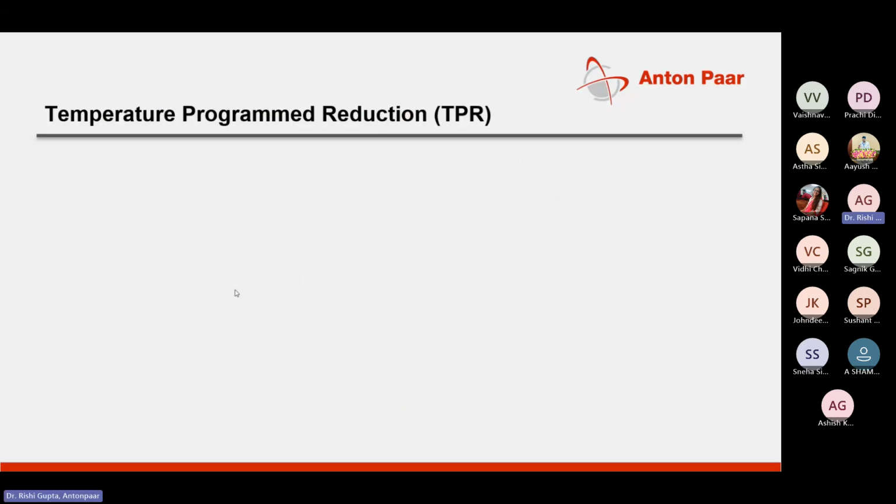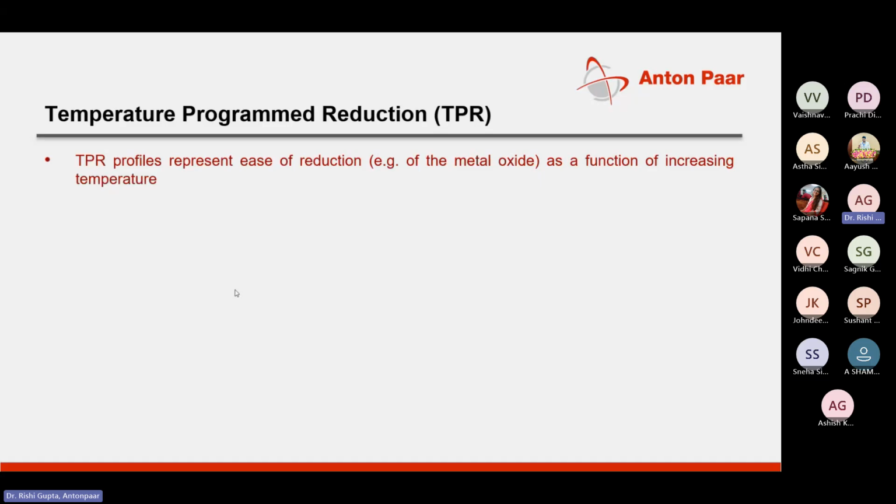Now coming to the temperature programmed reduction, as the name says, we need to reduce something. We are using such gases also. So we can go with either carbon monoxide or hydrogen. Let's consider hydrogen, it's much safer. So when we want to do this, hydrogen is typically mixed with nitrogen or argon, not with helium, because the thermal conductivity of helium and hydrogen is very similar and the TCD won't be able to detect it. So we mix the hydrogen with either nitrogen or argon.